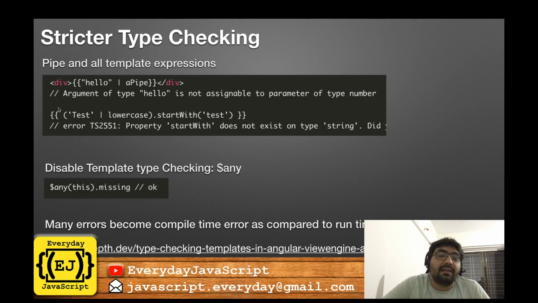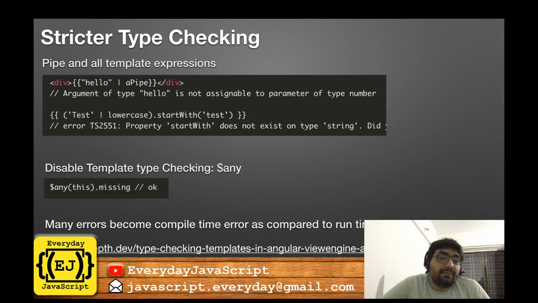These kind of errors, if they are appearing on production, I think there's a lot of effort that goes on production deployment. So if these kind of errors appear, it's kind of a waste of effort. So we can avoid it if we turn on the strict template type checking to true.